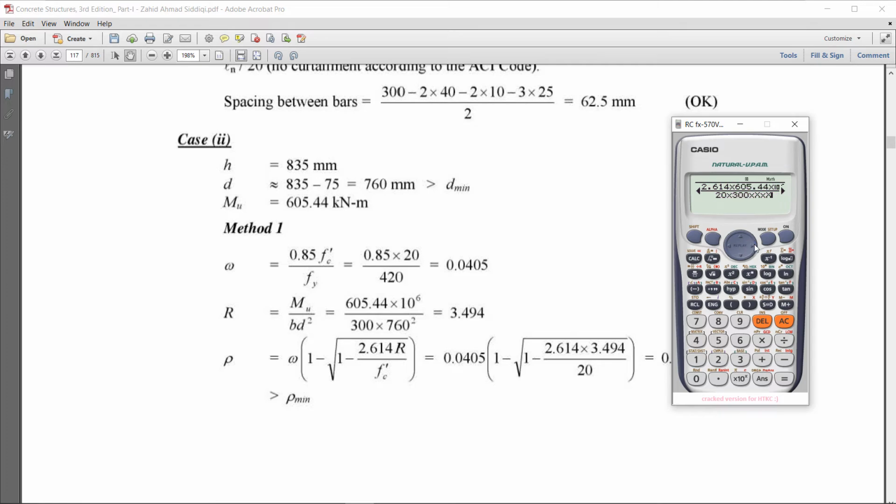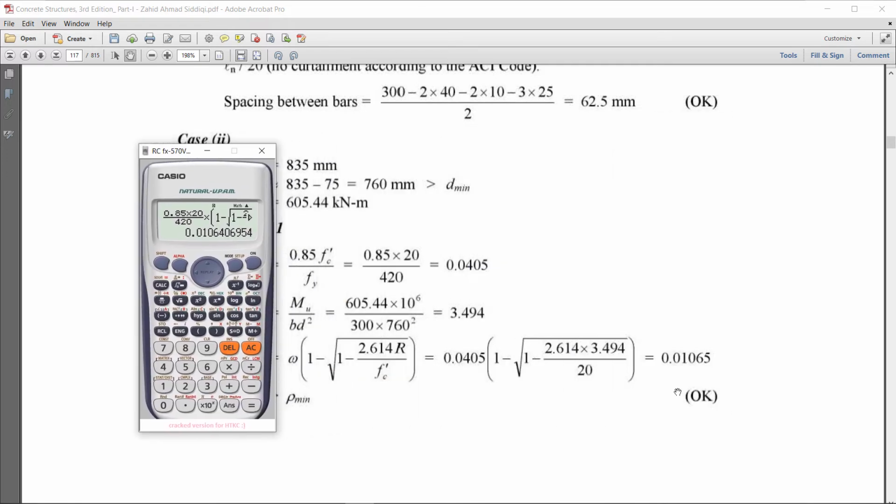In this example d is 760 square. Press equal, you will get the answer 0.0106.